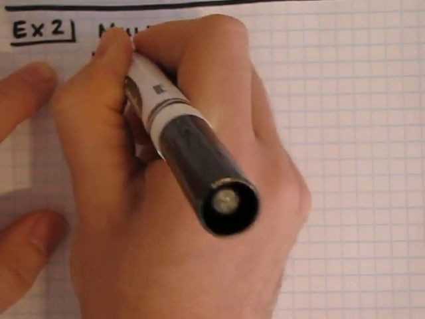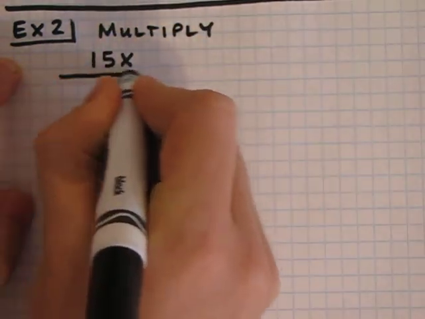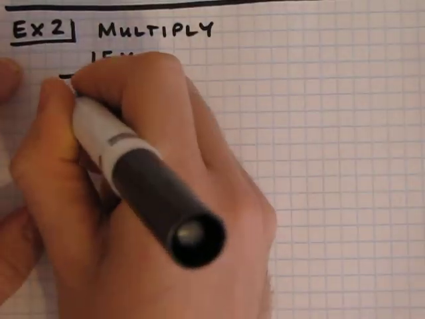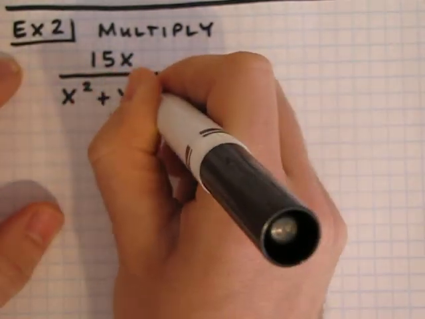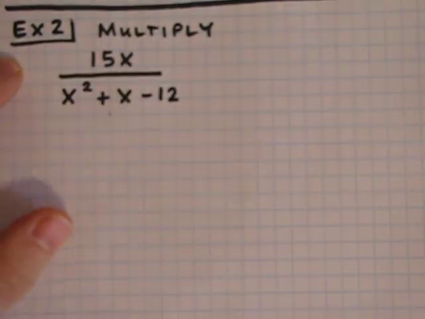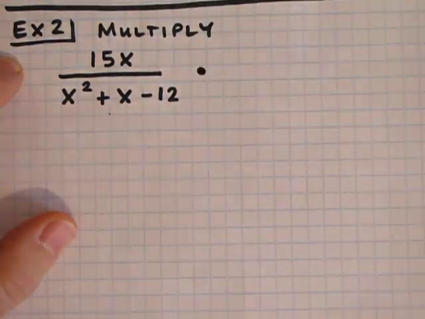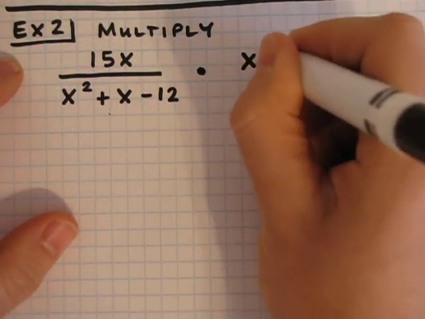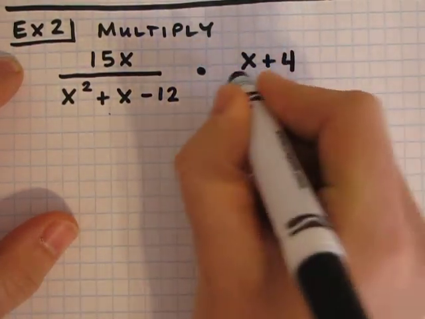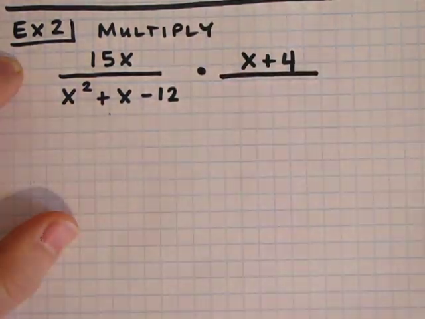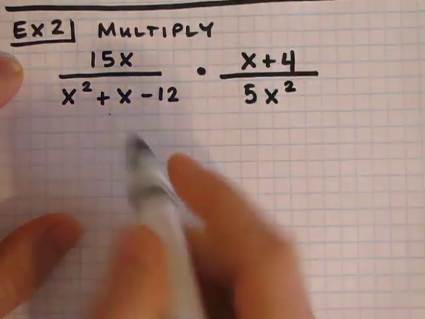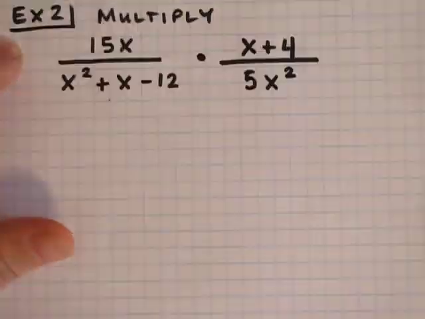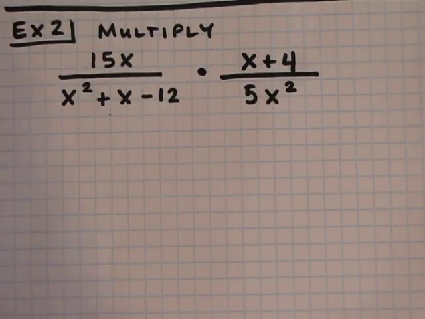The first one is 15x divided by x squared plus x minus 12. And the second expression is x plus 4 divided by 5x squared. Once again, see how we got rational functions, things written as fractions.